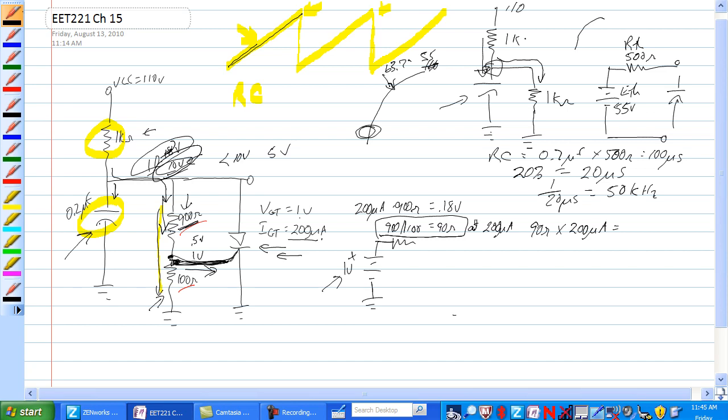So, to recap, this cap charges through these two sets of resistors, charges up to 10 volts here. The SCR fires because it has 200 microamps and 1 volt on the gate, and it shorts it all out, so all that current from the cap goes this way.